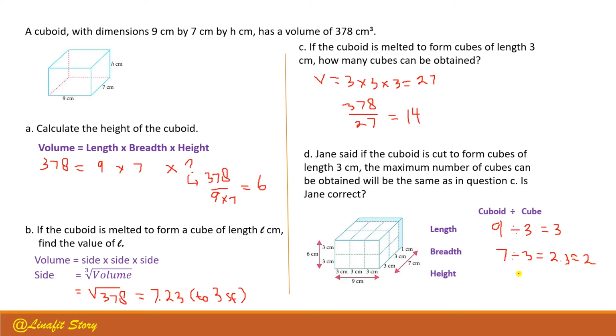And the height, 6 divided by 3 is equal to 2. So the maximum number of cubes that can be obtained should be 3 times 2 times 2, which is equal to 12.